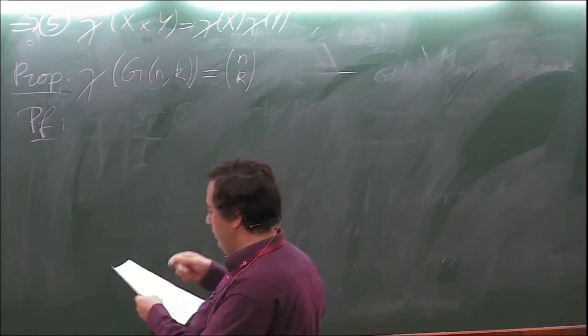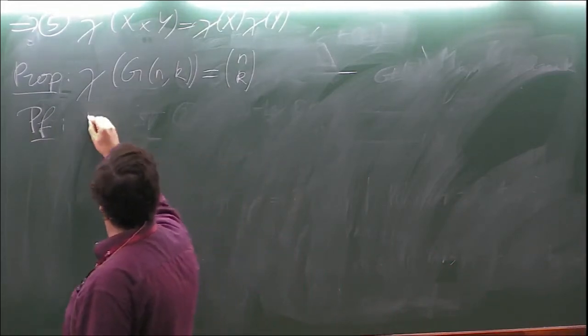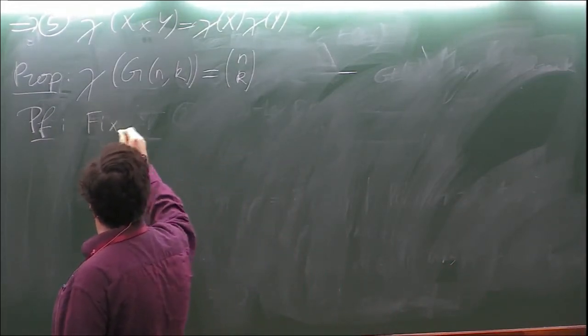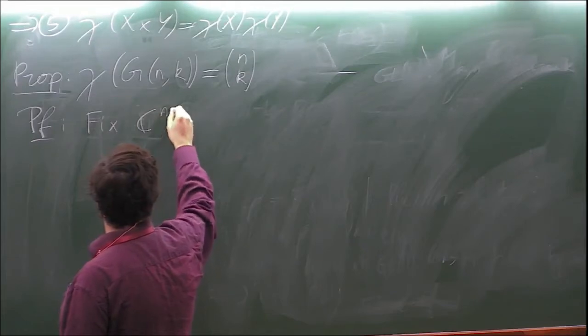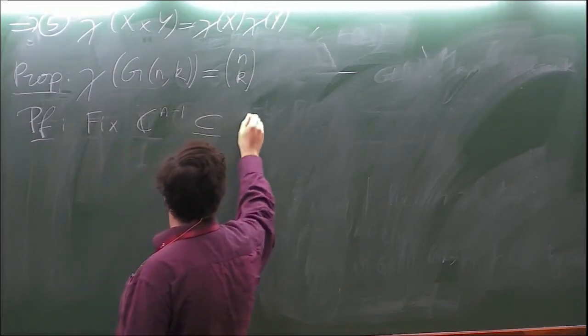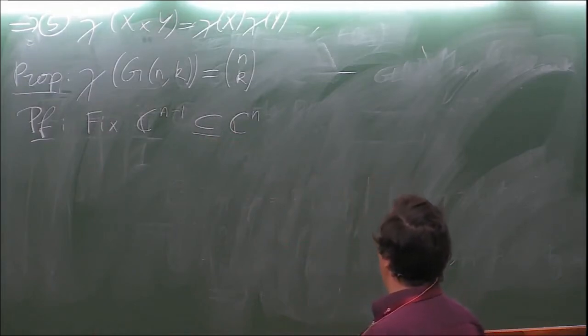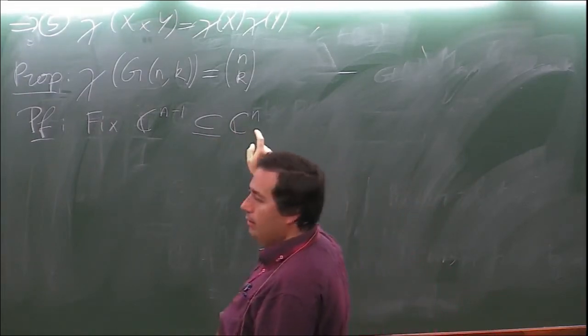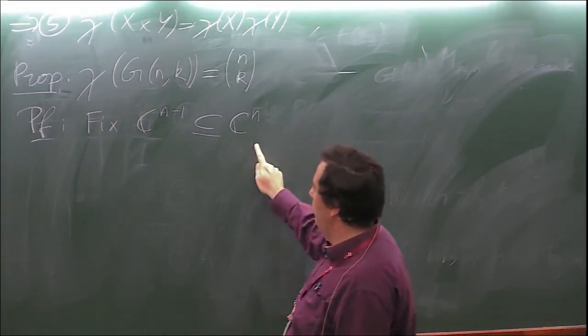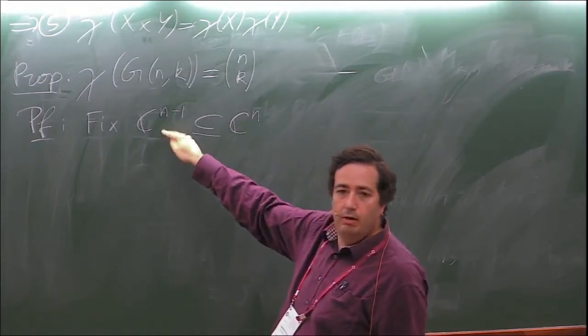You do naive things. You fix a certain subspace C^{n-1} of C^n, and then you say, okay, I want to study k-dimensional vector spaces of that. Either they are included here or not.